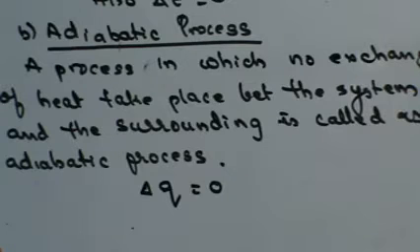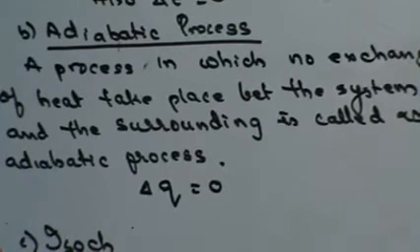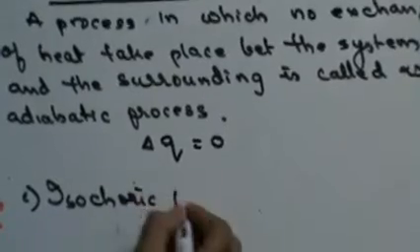Next, let's see another kind of process. Let's see what an isochoric process is. A process in which there is going to be no change in the volume of the system is said to be an isochoric process.